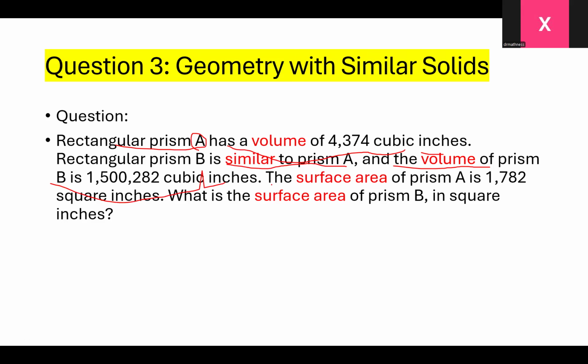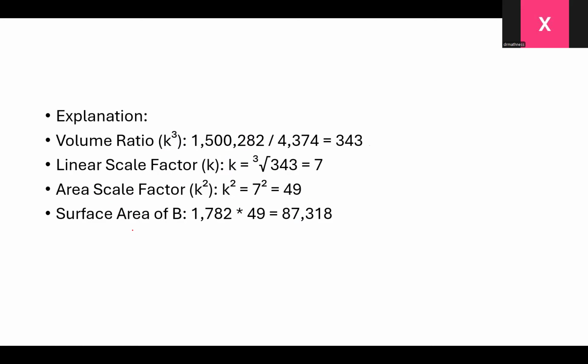And we know the surface area of prism A, right? And then we are required to calculate the surface area of prism B in square inches. So the most important hint for this one is to remember that prism B is similar to prism A, right? So here's the solution and explanation.